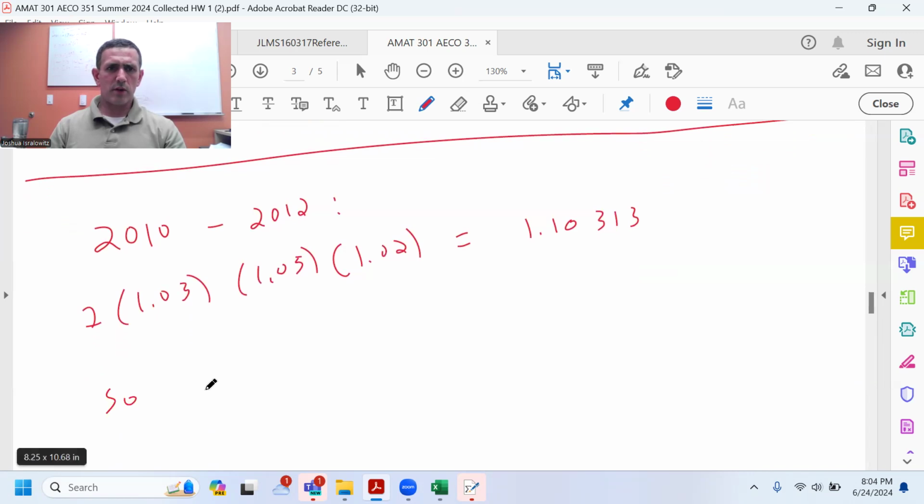So the 3-year equivalent effective annual interest rate, and same idea, money grows by I times 100% per year for 3 years. What is that I? It's roughly 3.3%.